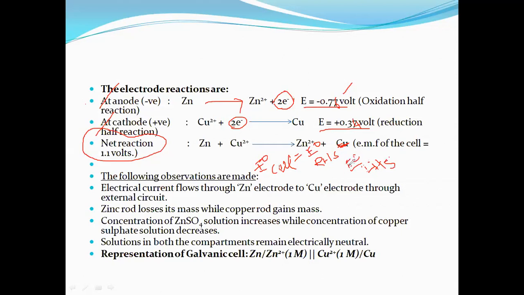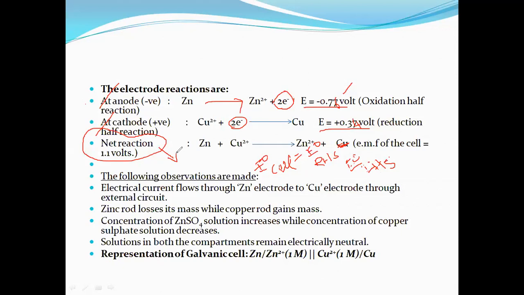What is RHS minus LHS? RHS is the right hand side, which is the reduction reaction. The left hand side is the oxidation reaction. When finding the electromotive force of a cell, E of RHS minus E of LHS, reduction value minus oxidation value, that is copper value minus zinc value. The resultant value we get is 1.1 volt.